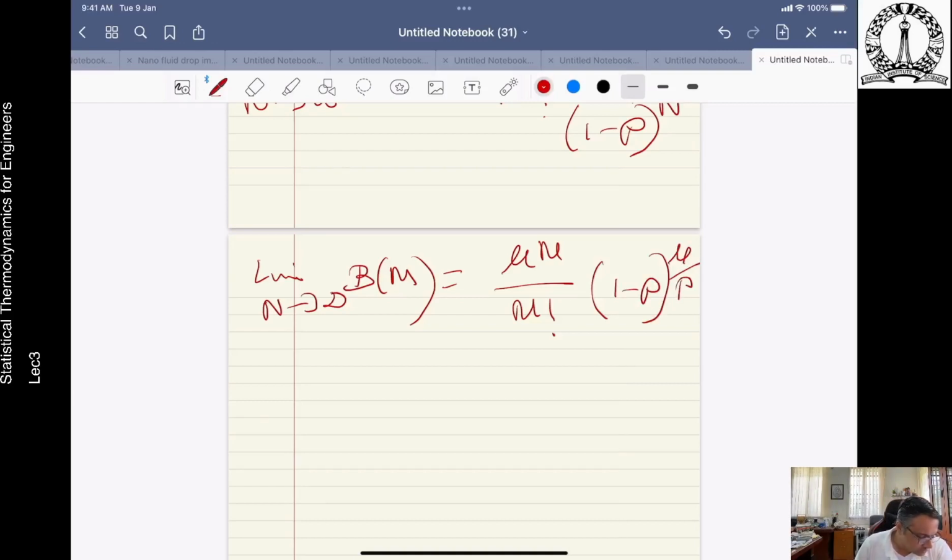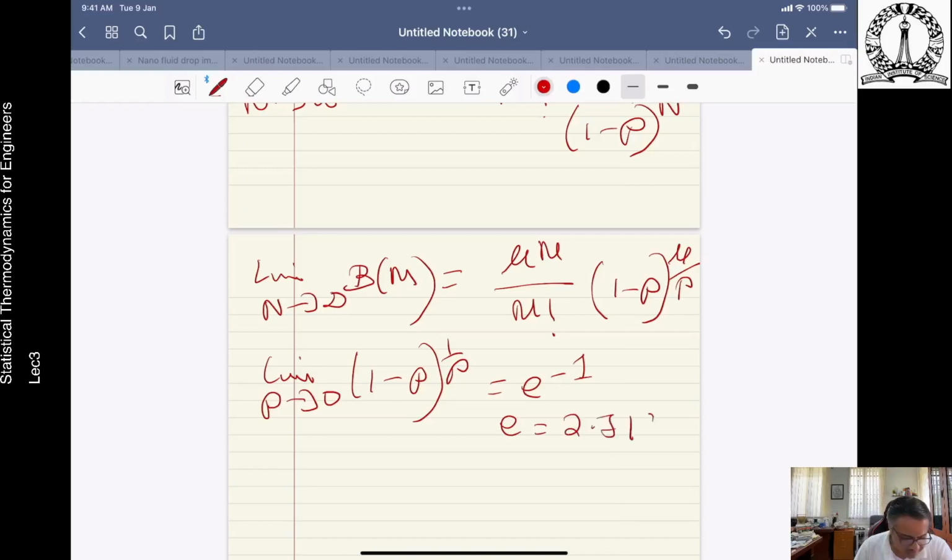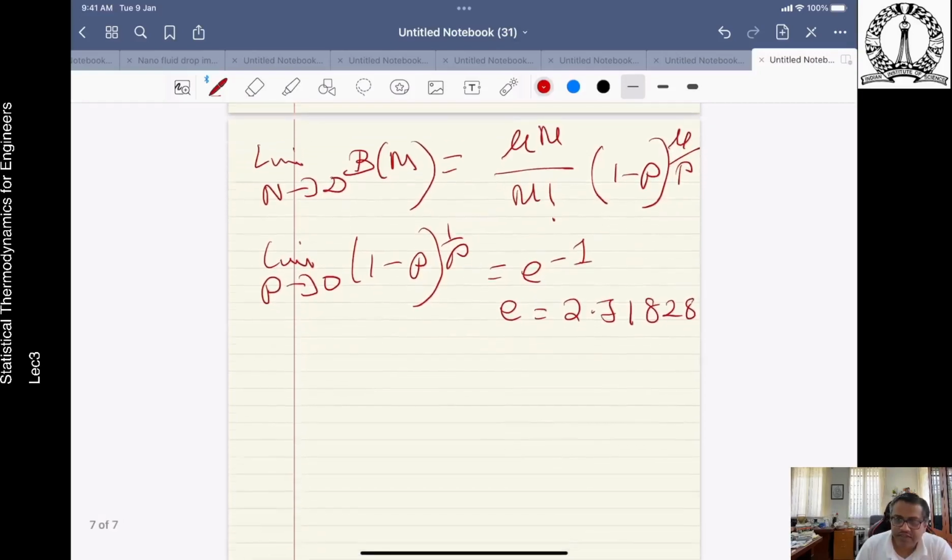In the limit p goes to 0, 1 minus mu by n raised to the power of n is given as e to the power of minus mu, where e is basically, as we know, 2.71828 roughly.